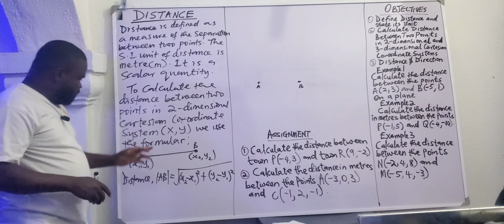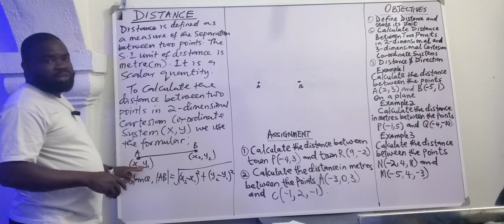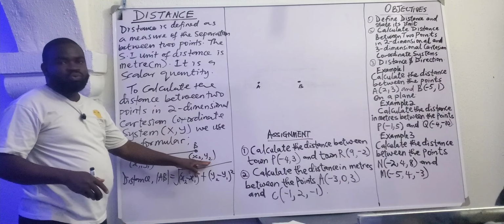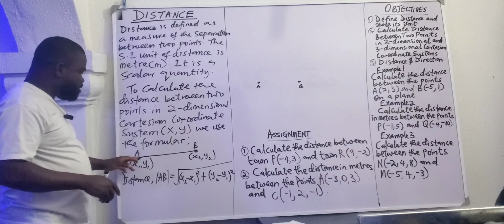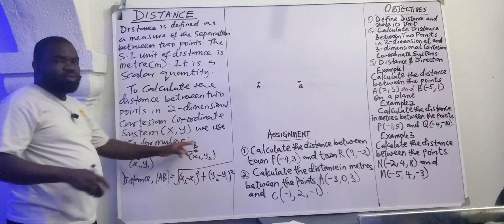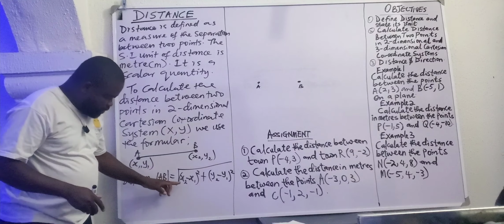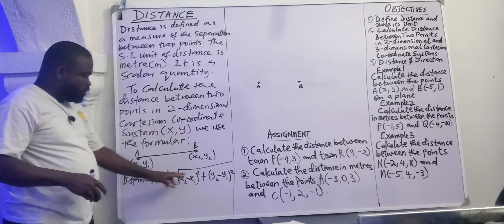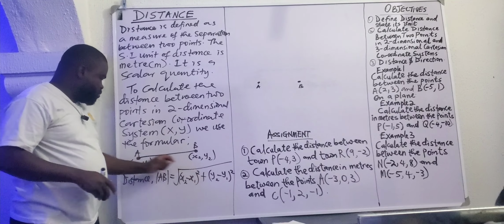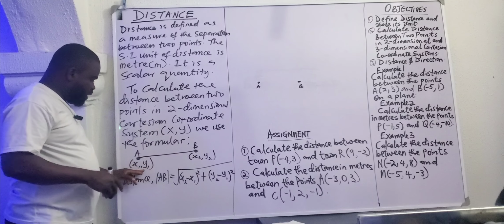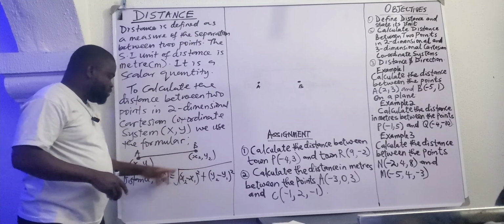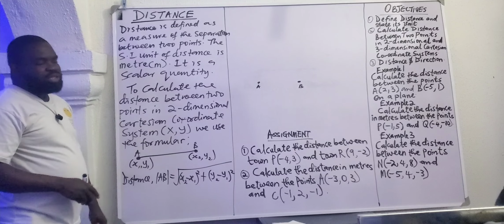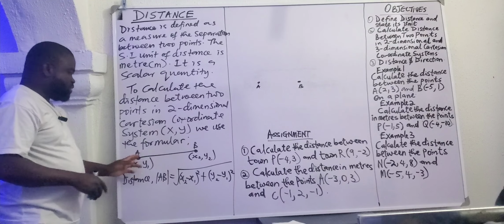Good. So if point x1 and y1 are known, point x2 and y2 are known, we can calculate the distance between the 2 points A, B by using this formula: x2 minus x1 all squared plus y2 minus y1 all squared. We'll take the square root of the addition. Then we will get the distance between the 2 points A, B.